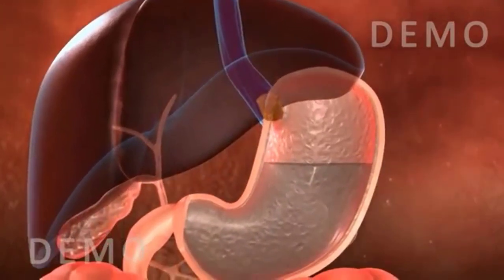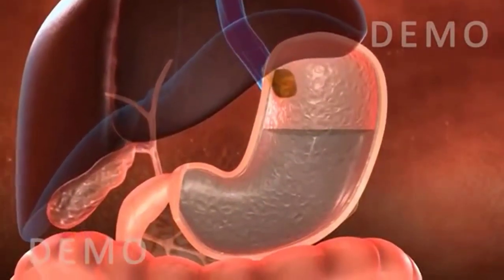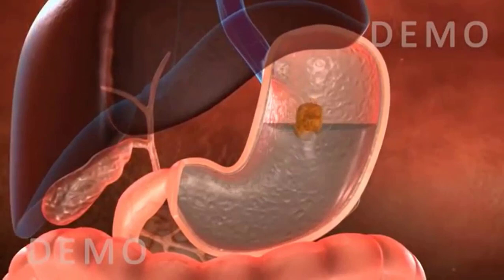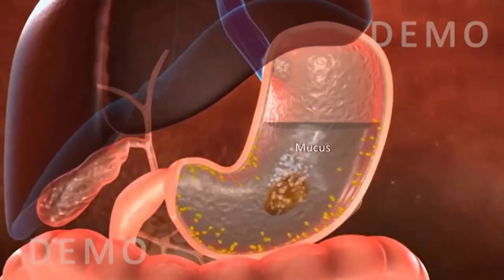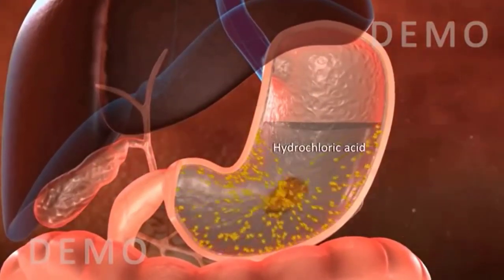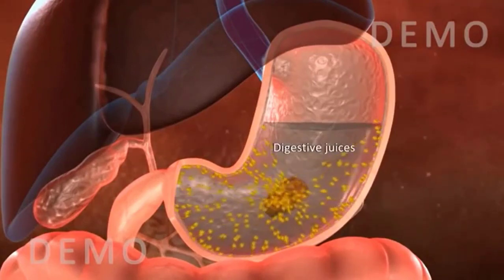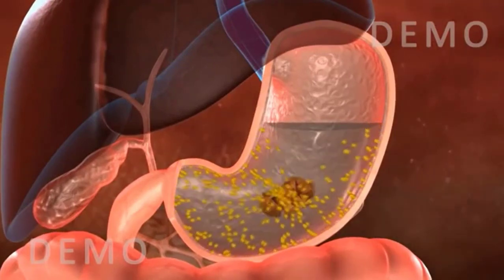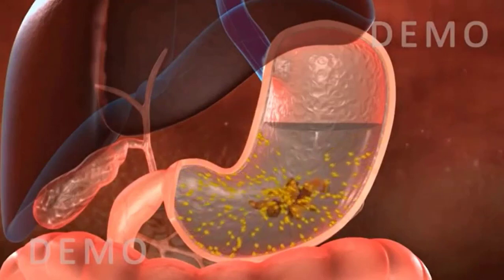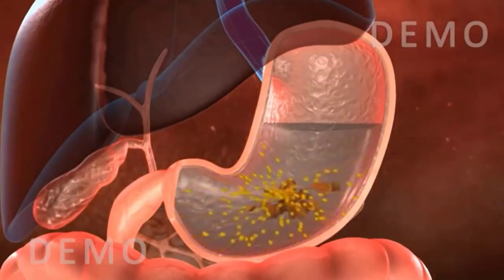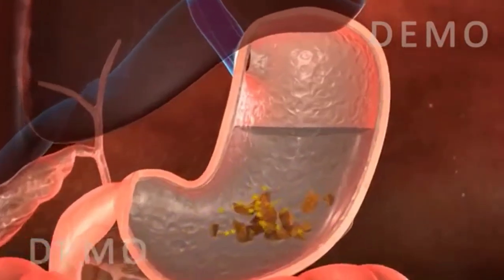When the food enters the stomach, a J-shaped bag-like structure, mucus, hydrochloric acid, and digestive juices that are present in the stomach act on the food to help digest it through chemical action.